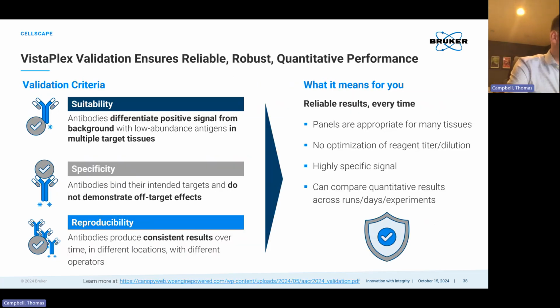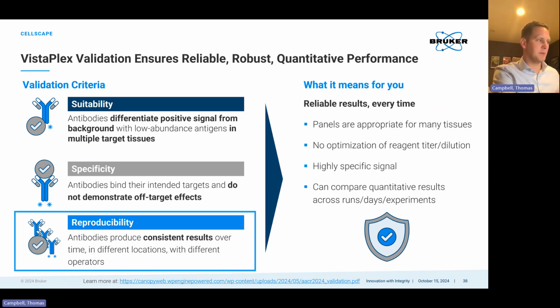I'd like to also just take a quick moment to comment on our assay validation process. We invest a lot of time and effort in ensuring that the assay kits that we sell are really high performing, particularly when it comes to reproducibility.